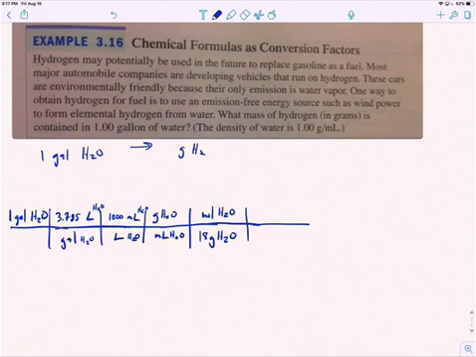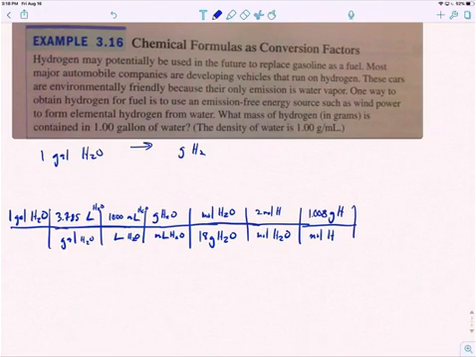Then we have 2 moles hydrogen per mole water, and then 1.008 grams hydrogen per mole hydrogen.